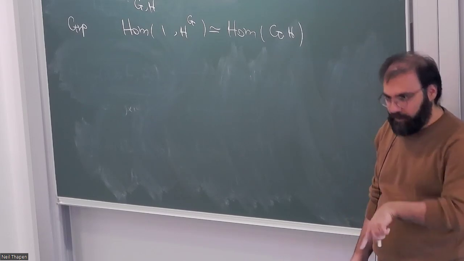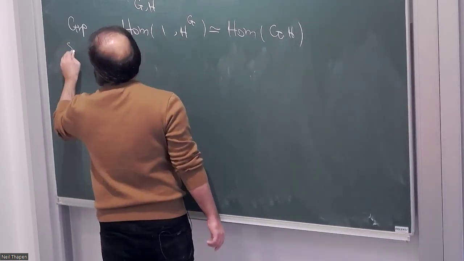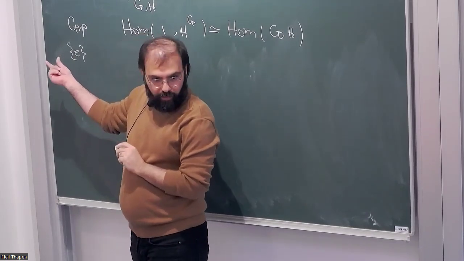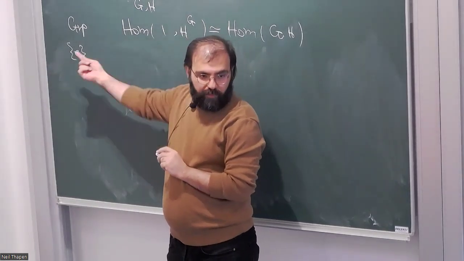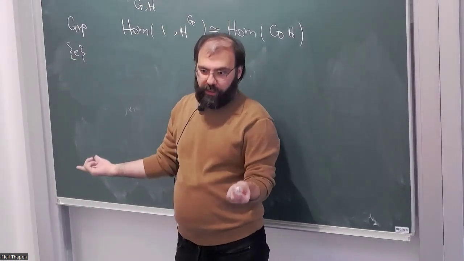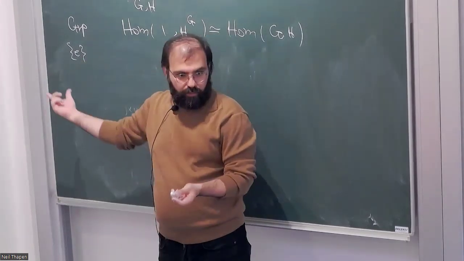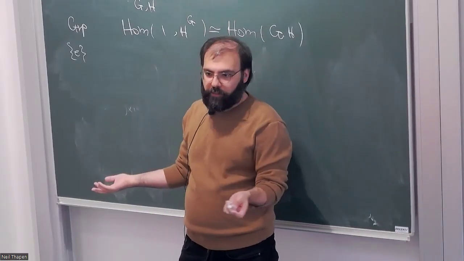But at the same time, it is also initial. So this group, E, say, is both initial and terminal. Initial because there's just one homomorphism from this to any group. You have to map E to E. And it is terminal because it is just a single element, so there is just one function there. And also it is a homomorphism.